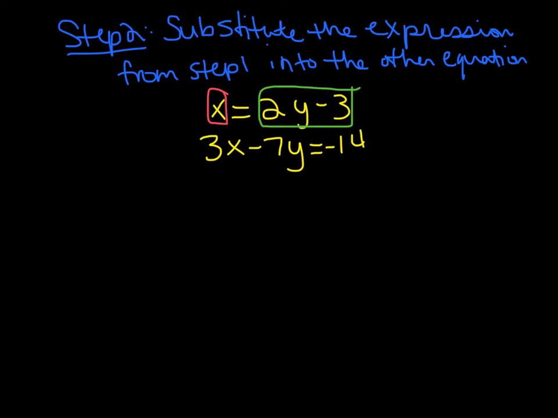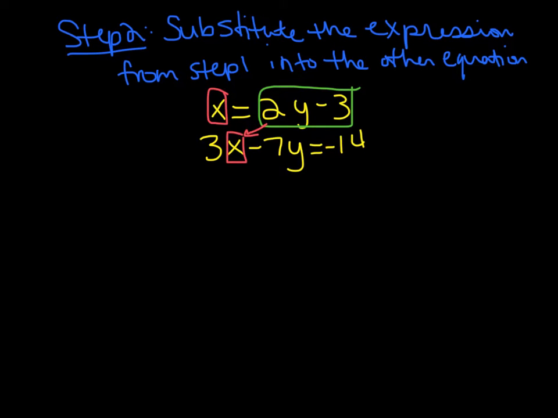I'm going to put it into the x in the other problem. Do not put it into the y unless you have it as y equals. In this case, I have x equals that, so it's going to substitute in for the x into the other problem.